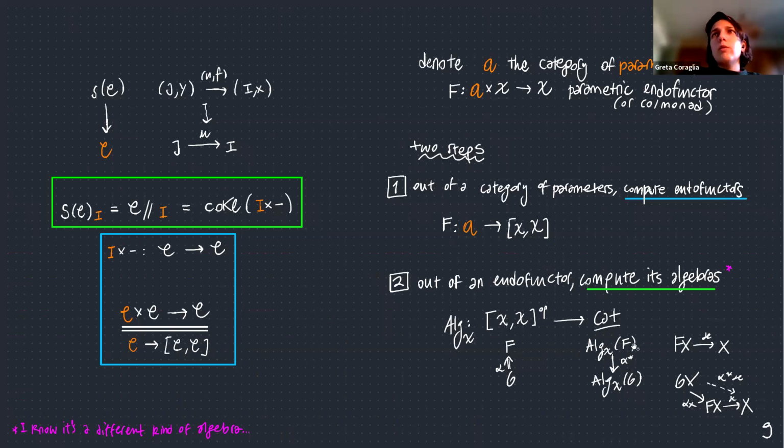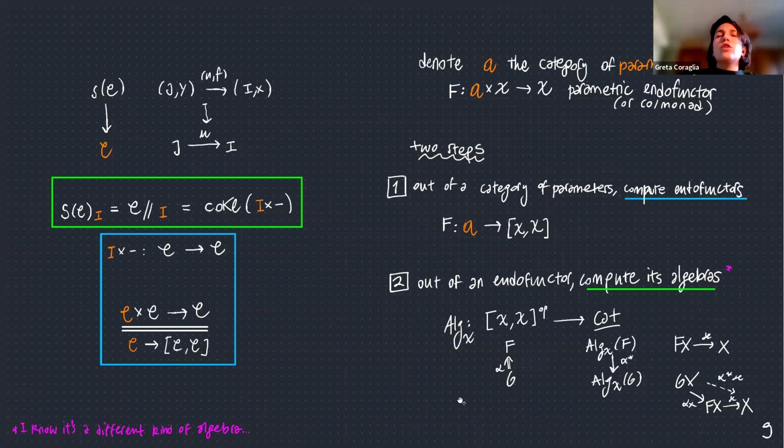This we can always do, and you'll see that whenever we have a natural transformation alpha from G to F, then we get what is usually called a reindexing functor from the algebras of F to the algebras of G. And this is quite easily described, just a precomposition with the X component of the natural transformation.